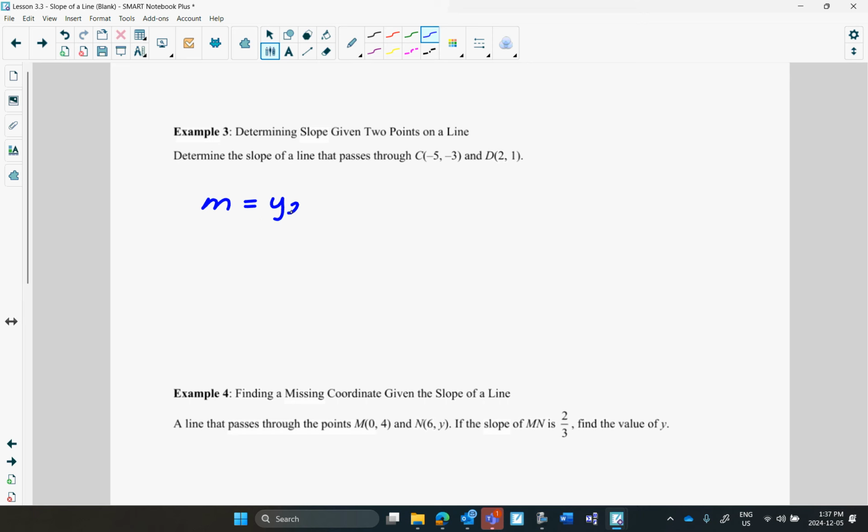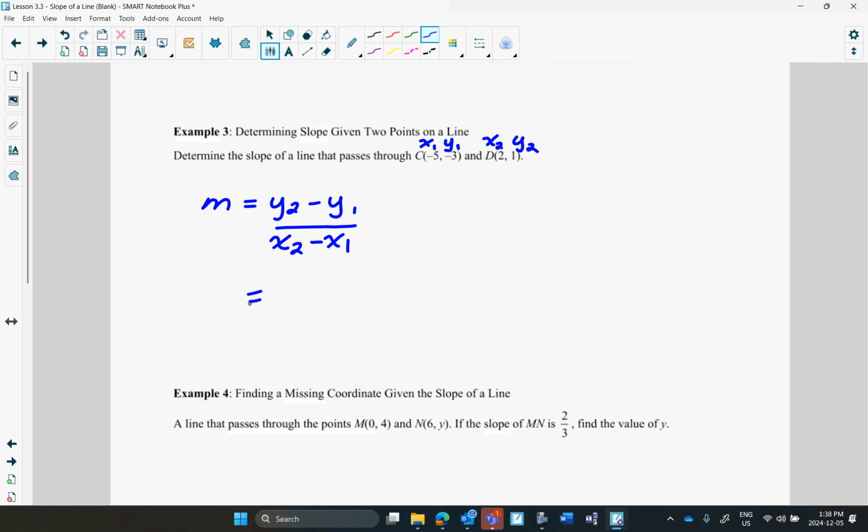Remember, it's second y coordinate minus the first y over the second x coordinate minus the first x coordinate. And these points, the first point that I see, I'm going to call x1, y1. And the second point that I read, I'm going to call x2, y2. So if I do y2 minus y1, what do I get?